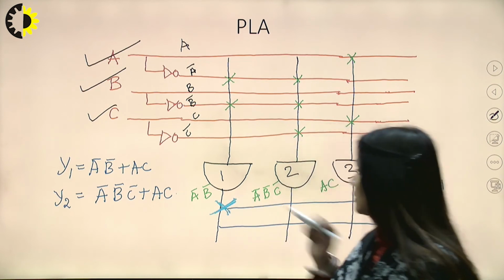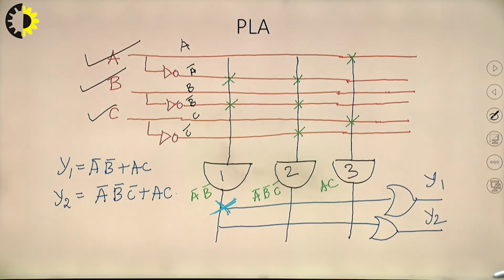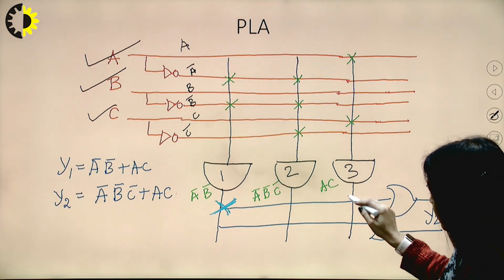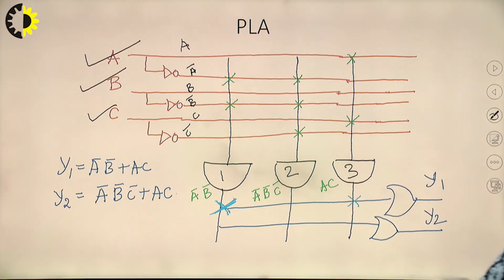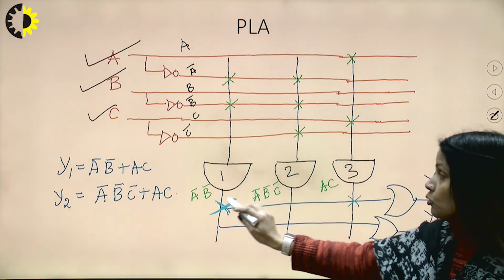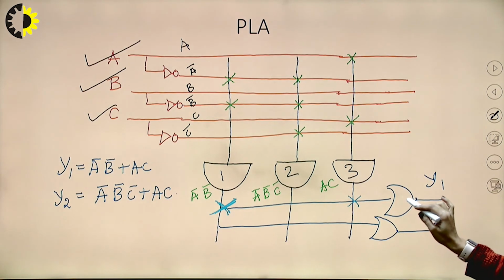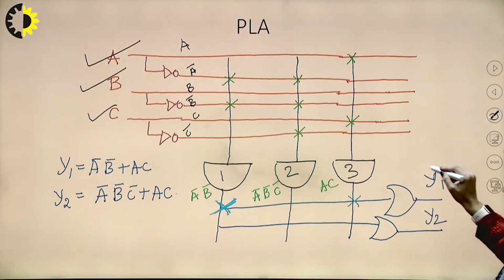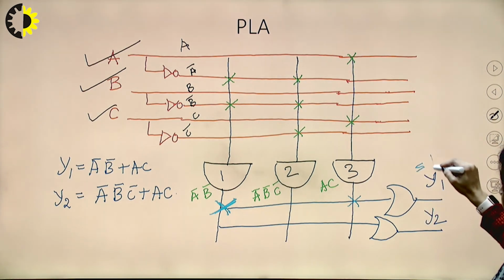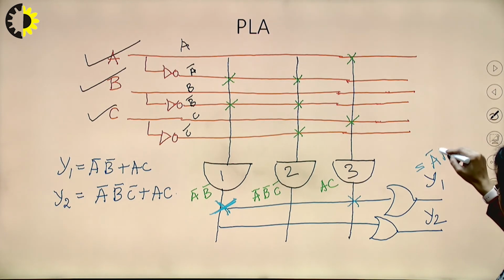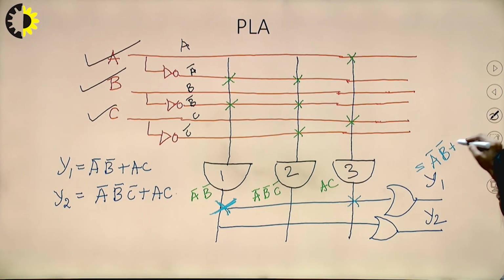Okay. And put a cross here at AC. Right. So the two crosses are going to the input of the OR. So Y1 will be, we need to write the entries very carefully here, A bar B bar plus AC. Right. So this Y1 has been realized.